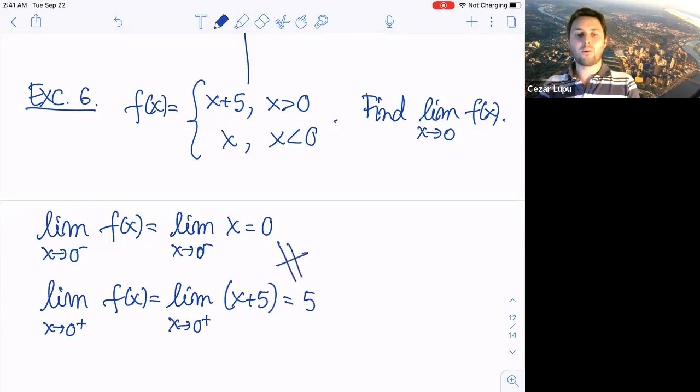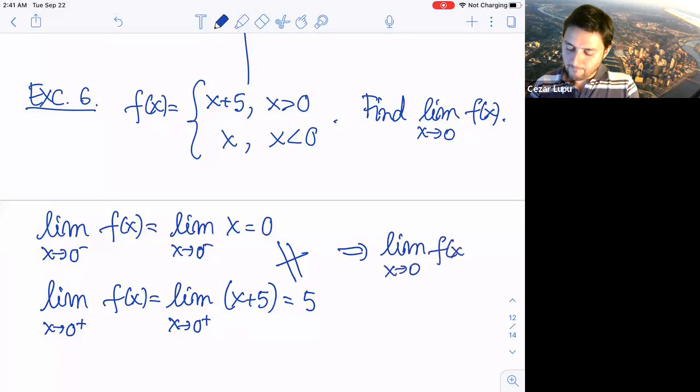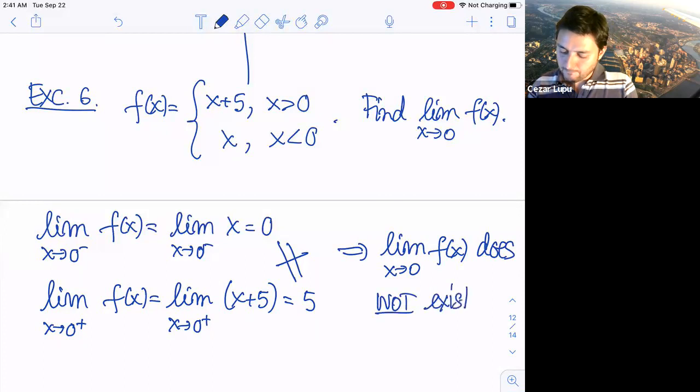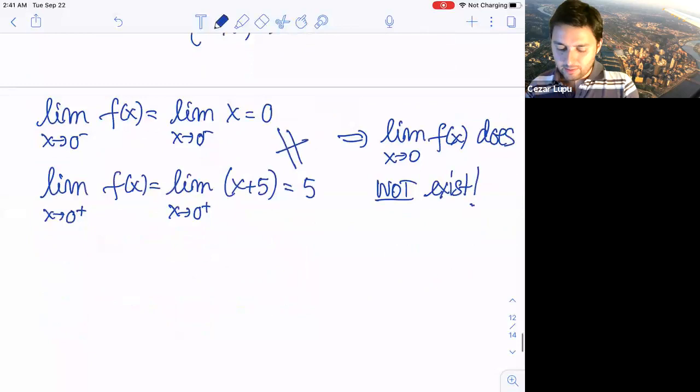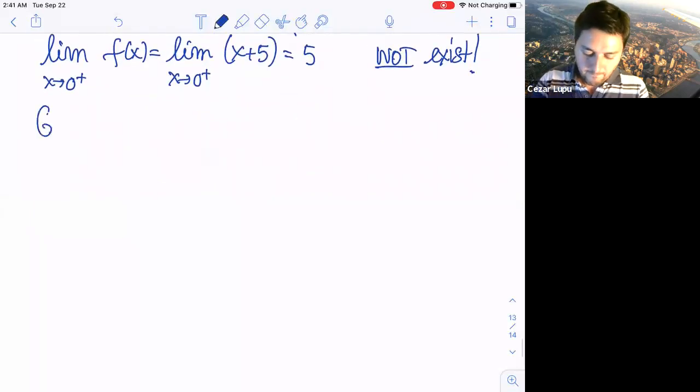The two are not equal. So we can conclude that, let me write it in words, the limit as x approaches 0 of f of x does not exist.